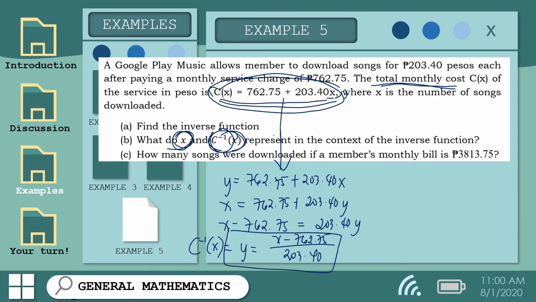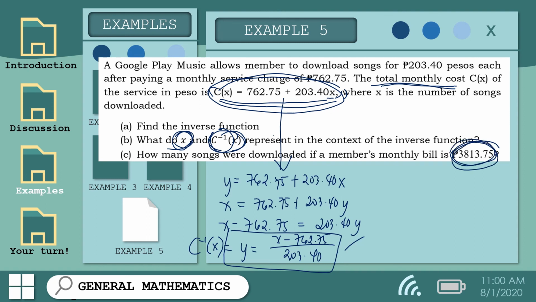Ayan. So, using the inverse function of C formula, we can now answer kung ilan nga po bang songs ang na-download if a member's monthly bill is 3,813.75.